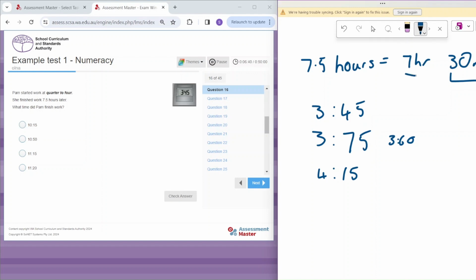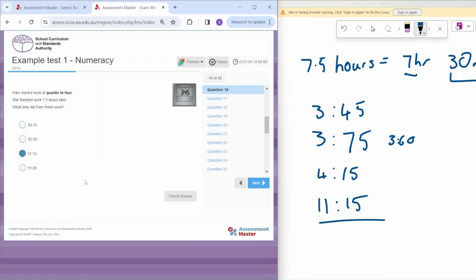We still have to add the 7 hours. We can add the 7 hours simply to this number. We go 4, 5, 6, 7, 8, 9, 10, 11. We're in the 11th hour if we add 7 to 4. So we're going to say it's 11, and the minutes don't change because we're just adding hours, 15. So Pam finished work at 11:15.